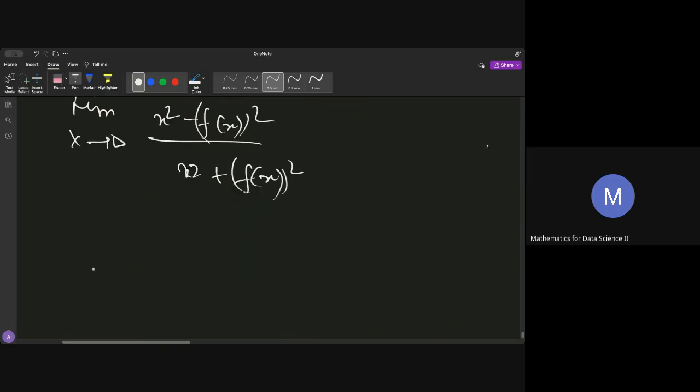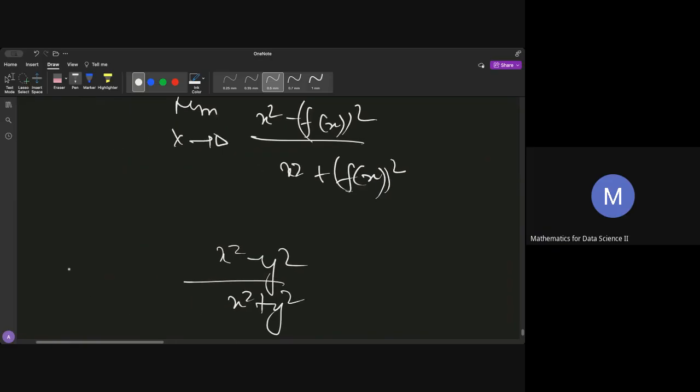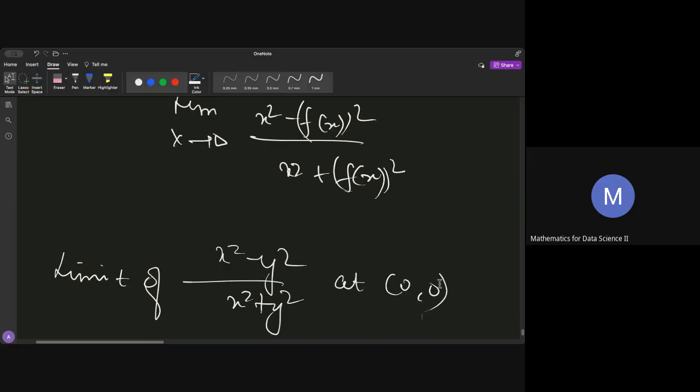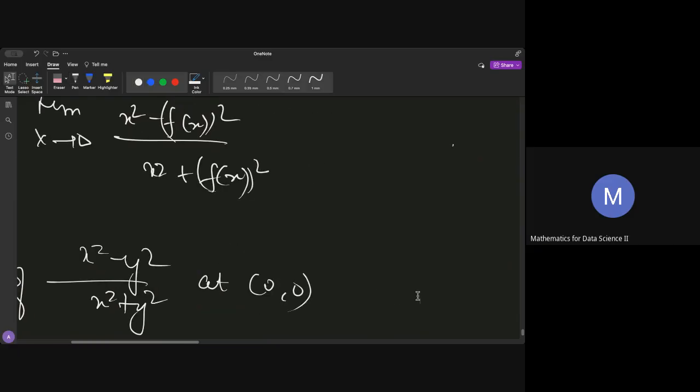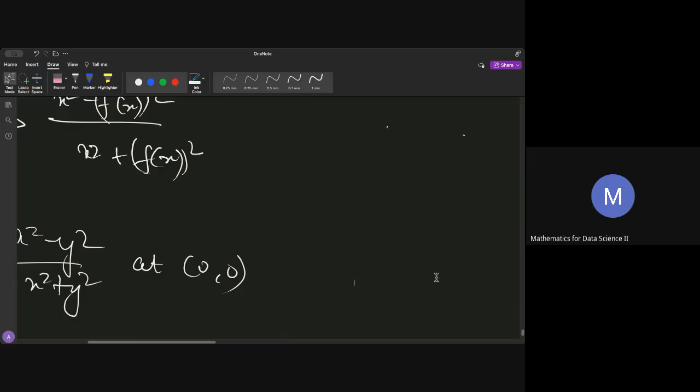Let's do one example. We were doing this example, (x square minus y square) by (x square plus y square). So the limit of this function at 0, 0. Let's take it via x equals y, or y equals x, same thing.